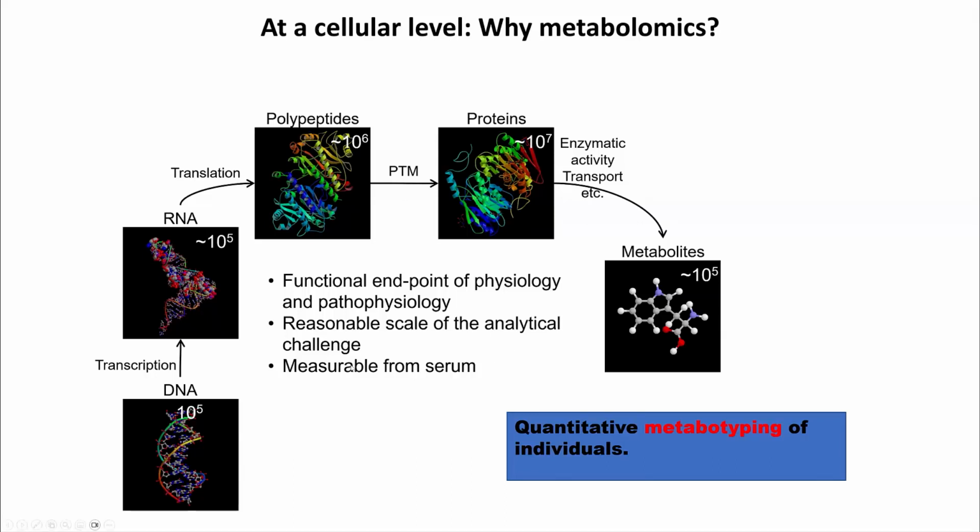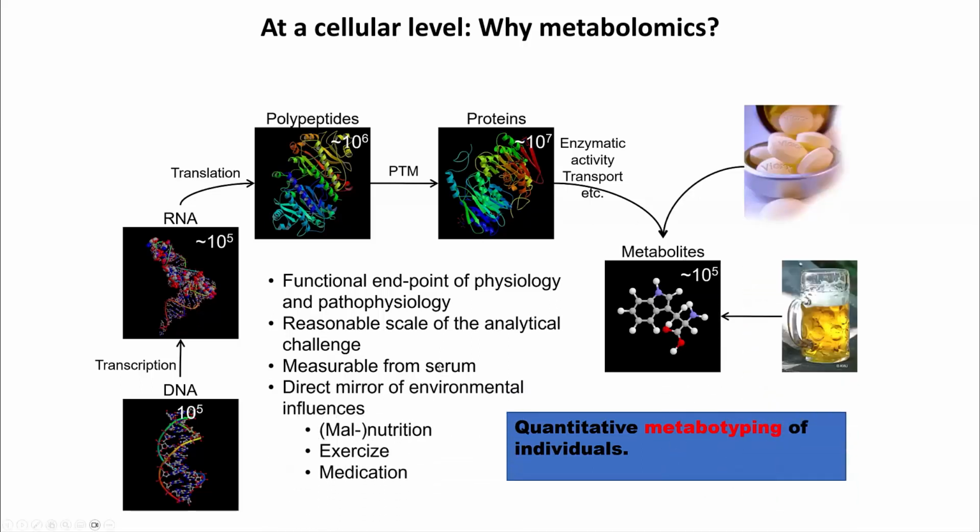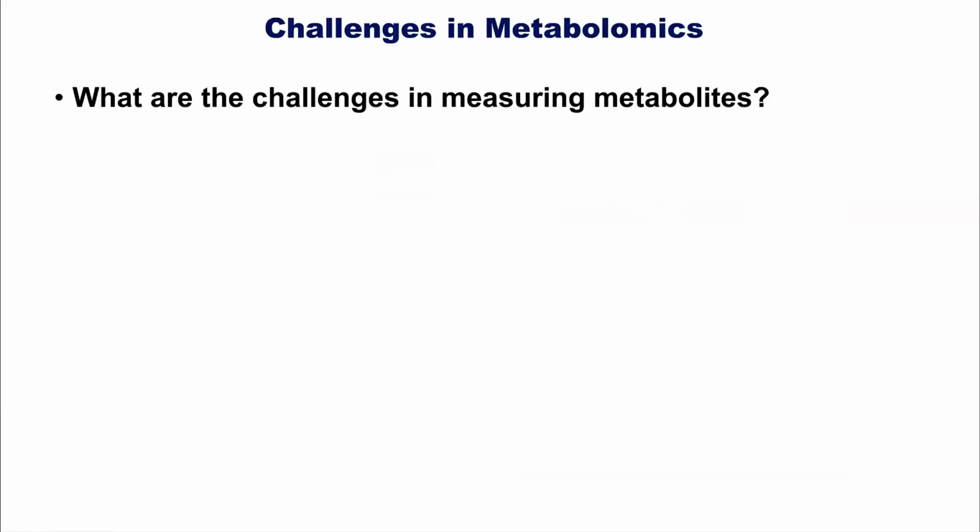They are measurable from serum and blood, which is fantastically important because they're easily accessible body fluids. And then they are a direct mirror of environmental influences, like malnutrition, diet, exercise, medication. And so it really is an endpoint. And we can quantitatively metabotype individuals, just like genotyping.